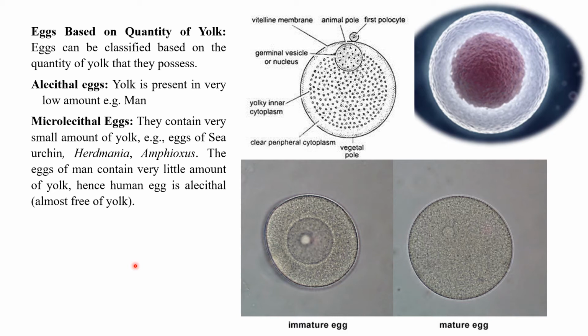The next type of eggs are microlecithal eggs. These microlecithal eggs are the eggs that contain a very small quantity of yolk. For example, the eggs of sea urchins, the ones shown in these photographs, or the egg of Amphioxus, where you can see a very little quantity of yolk is present.